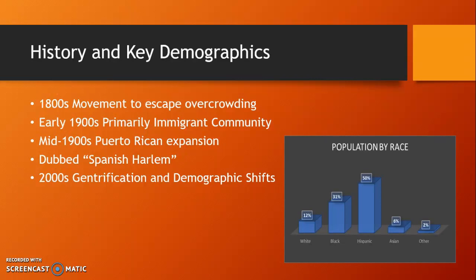It's mostly a 50% Hispanic community. The other parts of the community: 31% African American, another 12% is Caucasian, and Asian and other races make up the other 10%. So it's a loosely diversified area, and now we're starting to see another shift on the outside of that area.